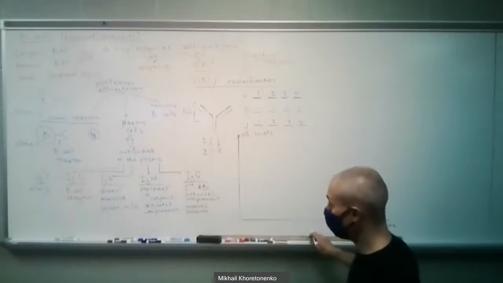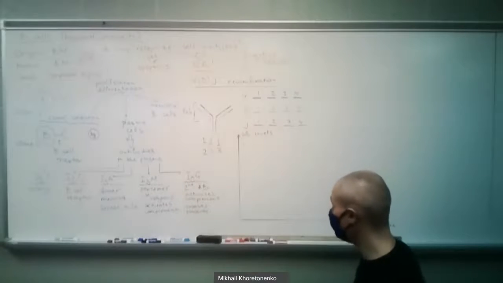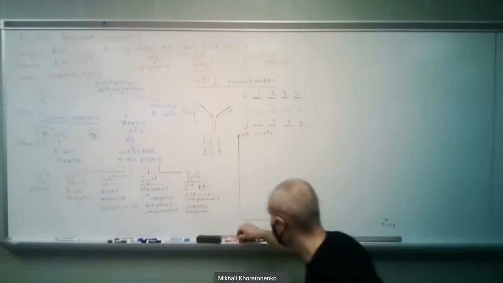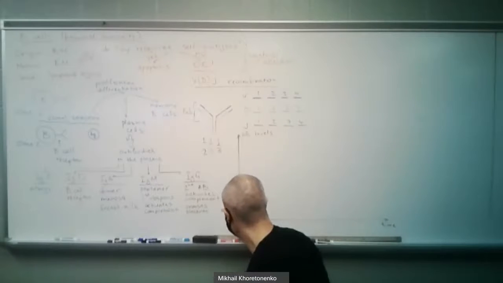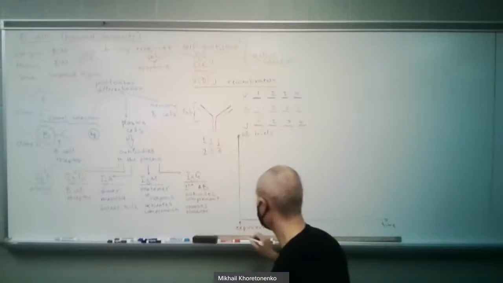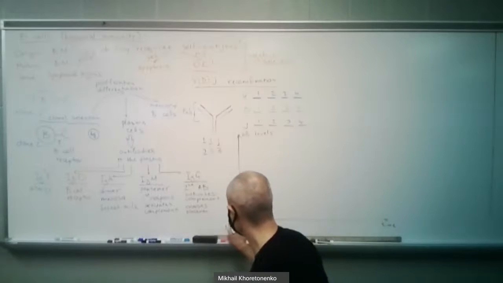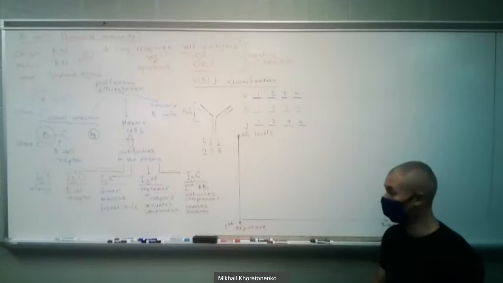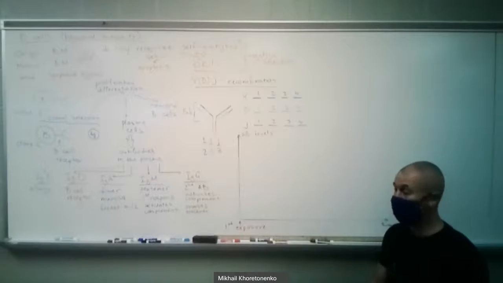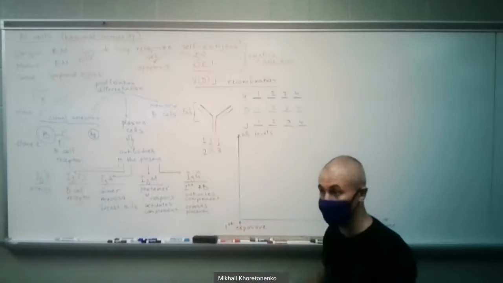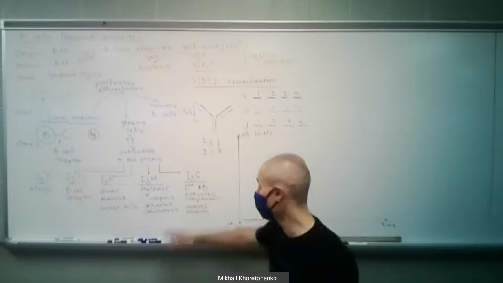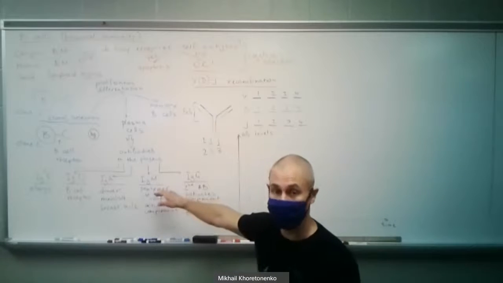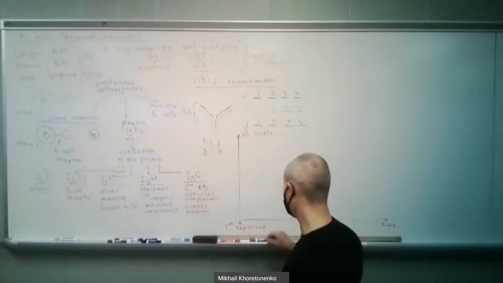Now, let's take a look at how antibody levels change after the initial exposure. So here, you have a first exposure. Exposure can be a vaccine, can be an infection, doesn't matter. The antibodies that are formed first are immunoglobulin M, right?